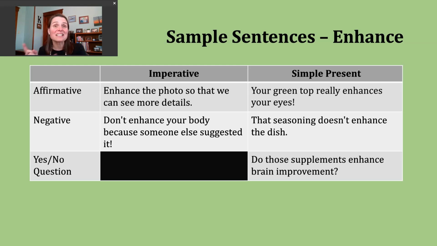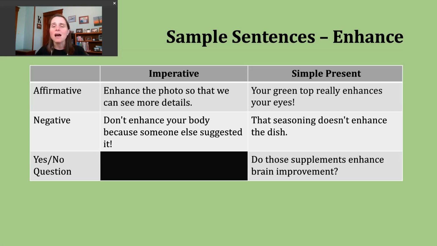So because it's one, that's like saying it, and that's why you see an S on the end of the verb, right? If I had made it plural, green tops, right, then I could say really enhance your eyes. I would take away the S because now I have two or more. That's like saying they.